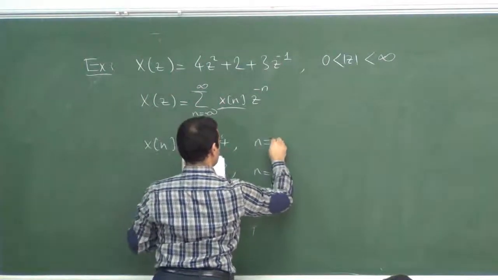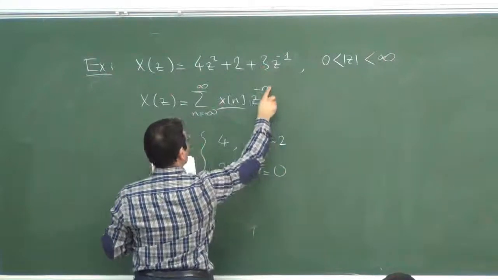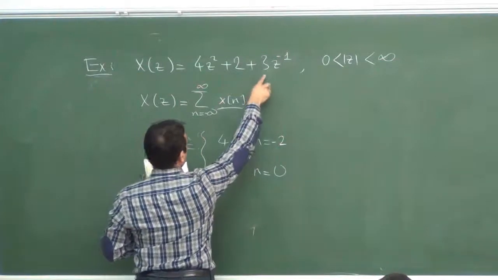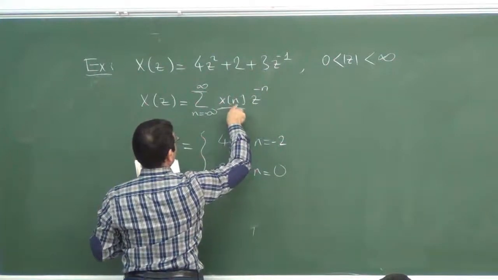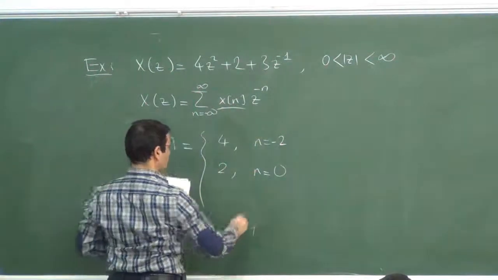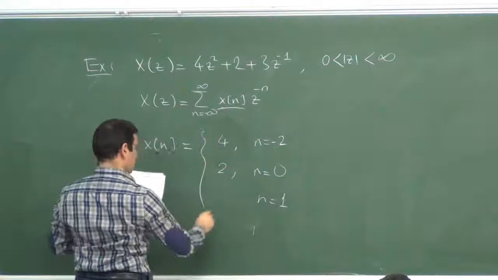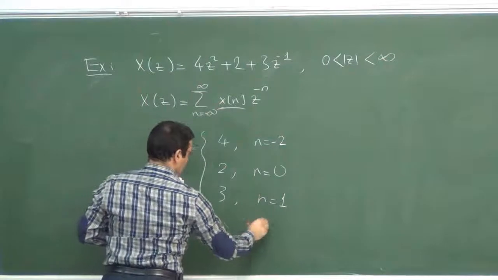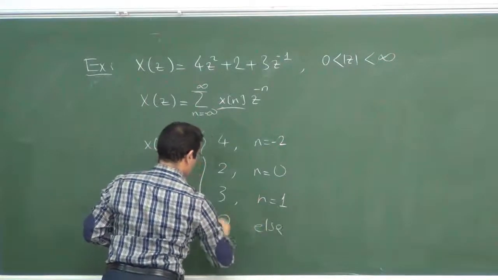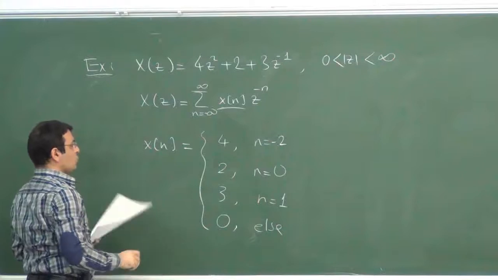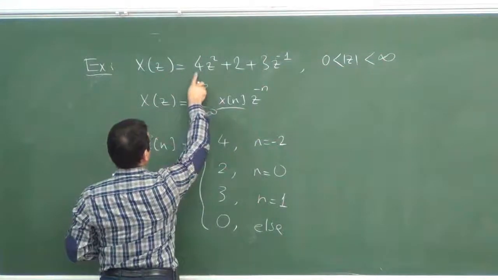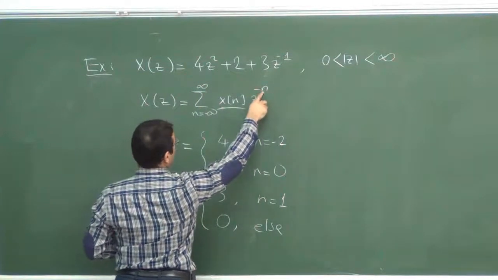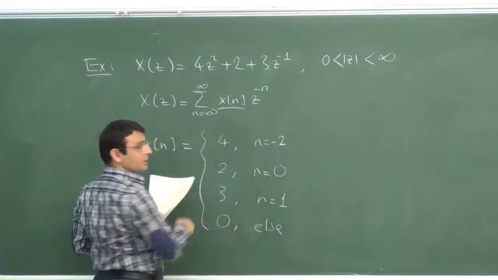This term, if n is equal to 1, this is z to the minus 1, and 3 times z to the minus 1. So this is xn for n equal to 1 in this case. N is equal to 1, so it is 3, this term, okay? For the other n's, the value of xn is 0. So let's say 4 times z to the 2, if you put minus 2 in here, z to the 2 is equal to x of minus 2.